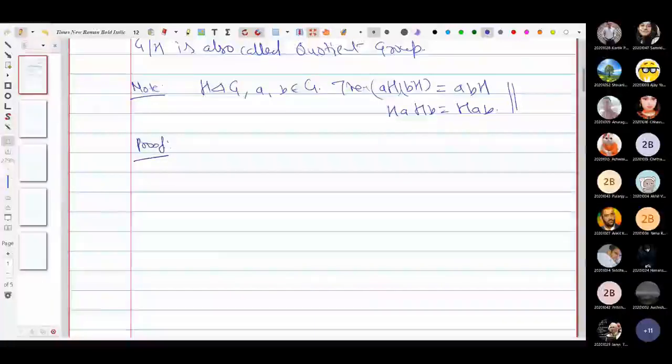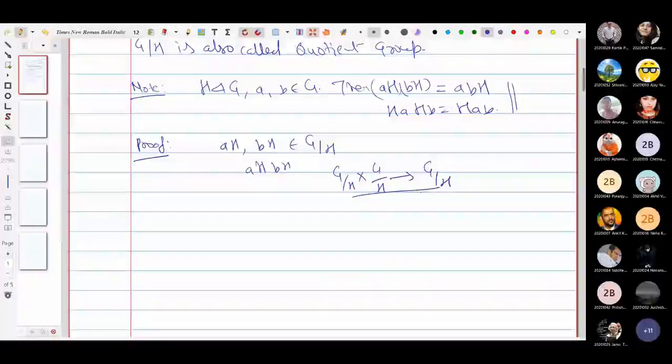Once we take an element AH and another element BH, where do they belong? To G by H. So if we operate these two, we are defining an operation from G by H to G by H, and this will also give us the closure property. So let us define some operation over it.